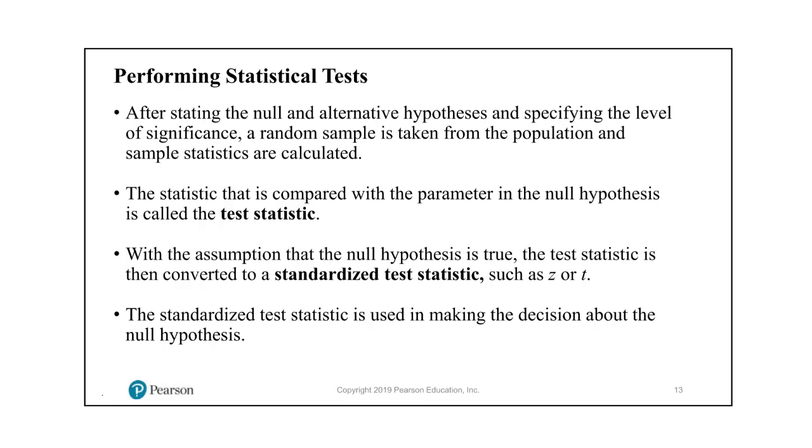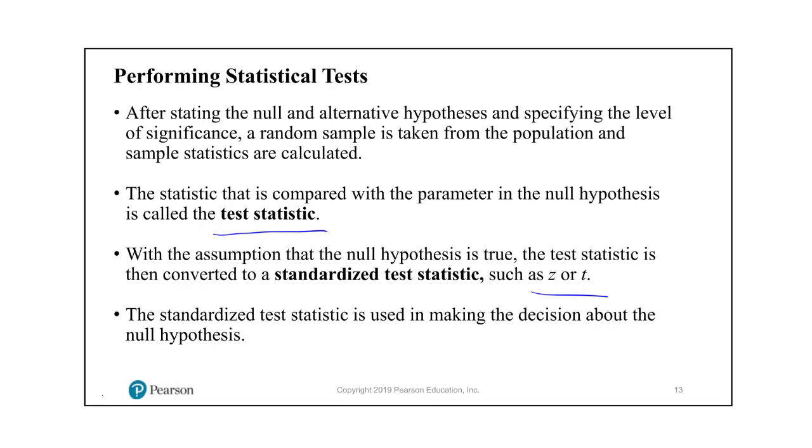test statistic. Mostly we're going to be using mu, but we might use a population proportion, p, or something like that. But for the most part, we're going to be looking at the mean mu. With the assumption that the null hypothesis is true, the test statistic is then converted to a standardized test statistic such as z or t.